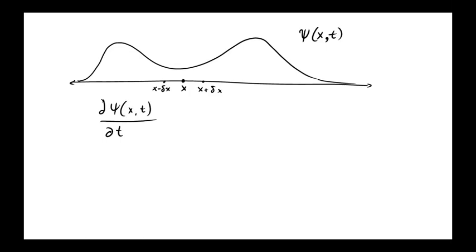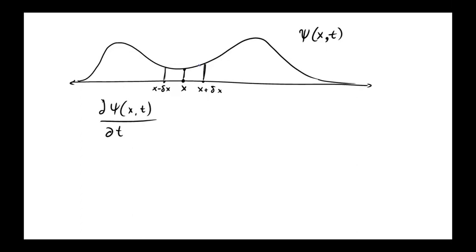So it looks in its tiny neighborhood, and it looks at its own amplitude. This is what psi of x is, and it compares it to psi of x plus delta x and psi of x minus delta x. And it does this in a particularly simple way. It looks at the average of psi of x plus delta x and psi of x minus delta x. So what's the average of these 2 points?